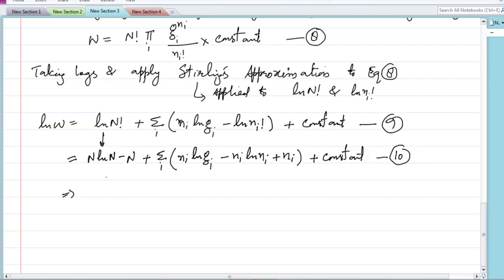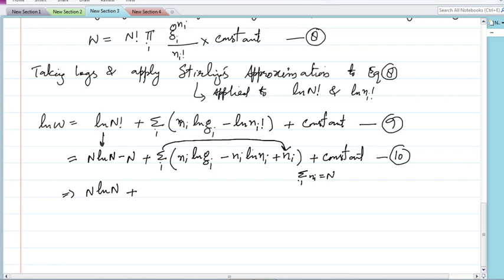Further, this can also be written as n ln of n plus, you have to see here, if I give summation back to this term, summation i ni will be equal to n. That means we know summation i ni is basically capital N. So this is plus n, this is minus n.